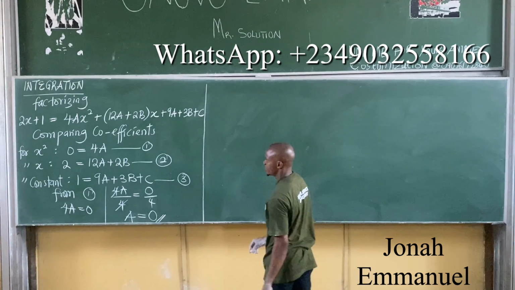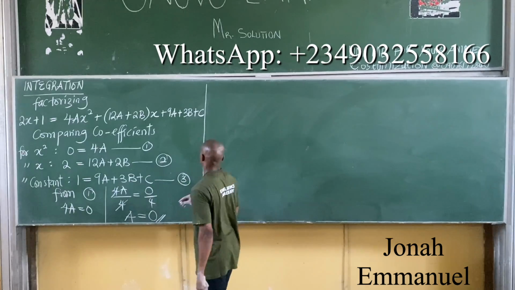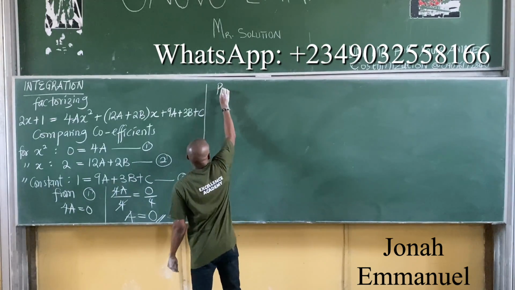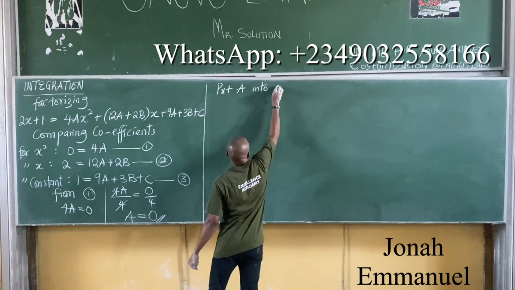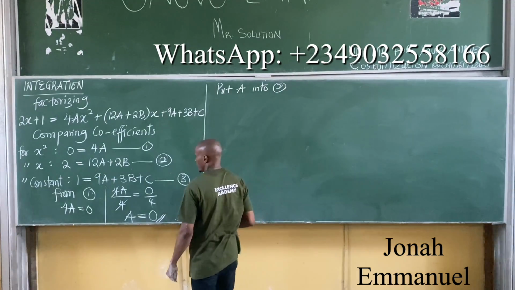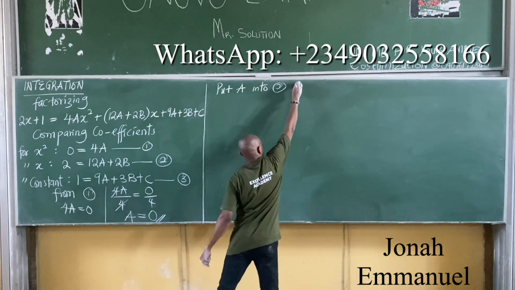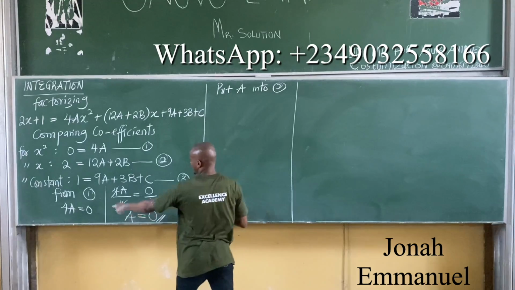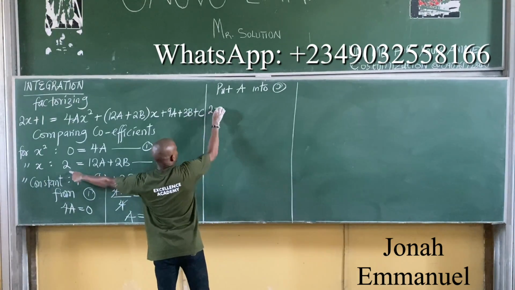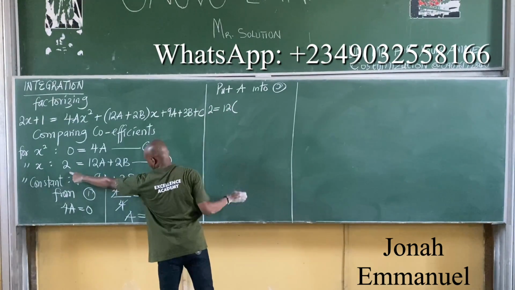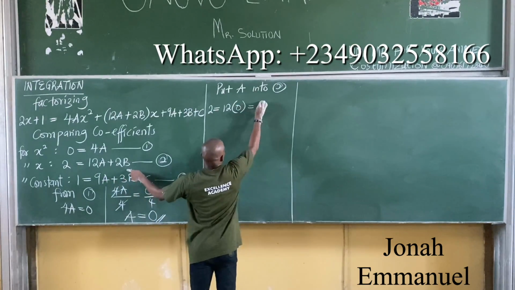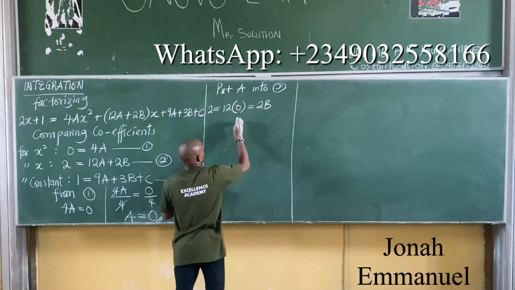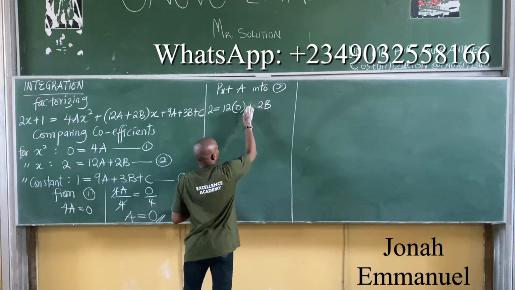Alright, let's start. Put A into equation 2. I have that 2 is equal to 12 times A, which is 0, plus 2B.